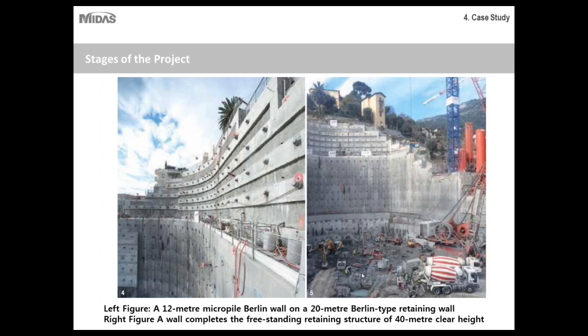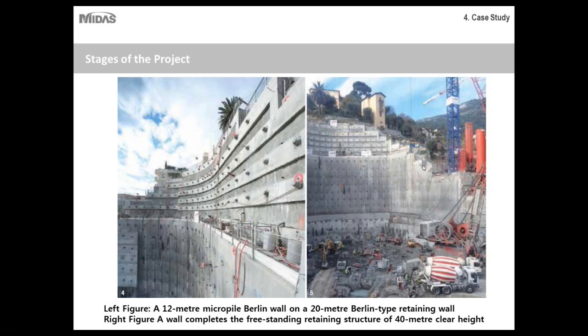So here you can see it will give you a better idea about what a staggered retaining wall construction is. On the left hand side, this is the Berlin Wall that has already been created, and these are the micropiles that have been used as tiebacks, and this is the completed retaining wall.